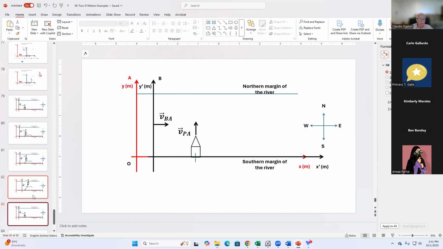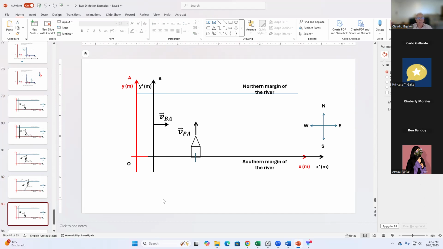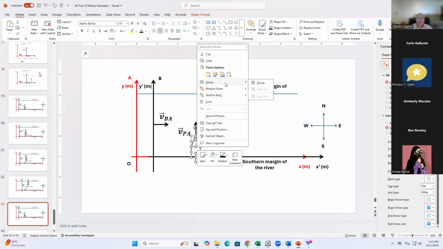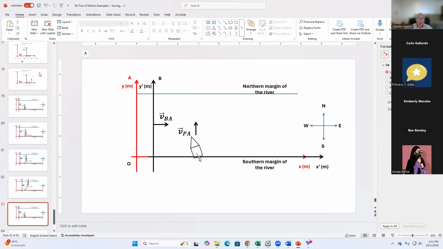This one is something else. Now, this one is the case in which the final VPA is towards the northern direction, right? In order to get the VPA in the northern direction, VPB must be slightly to the left, slightly to the west, okay? I'm going to put it here.